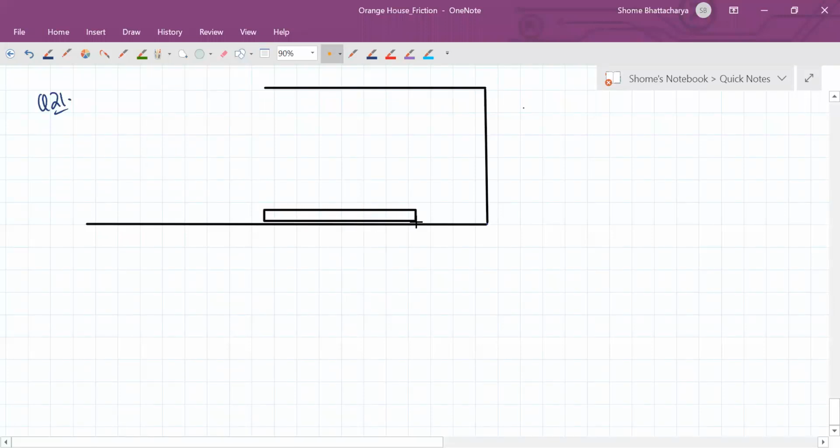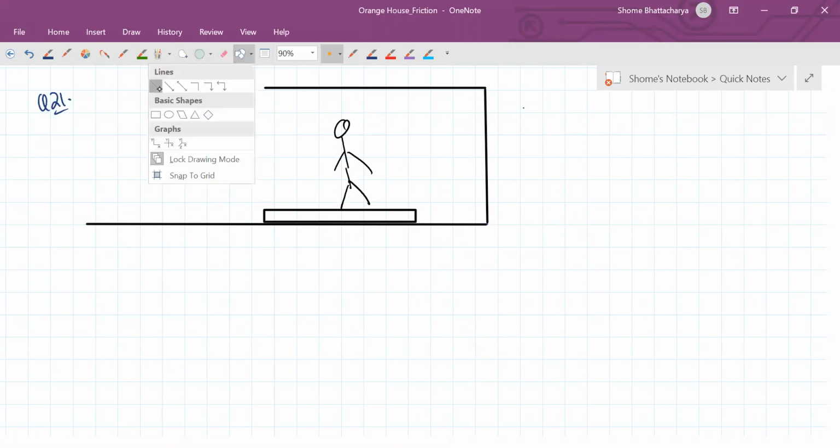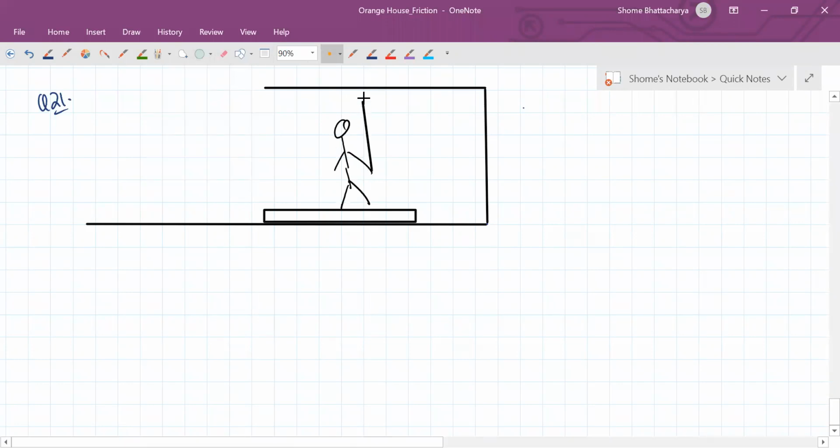Now there's a platform kind of thing here, and there's a person standing on the platform. The person is pulling on a thread going around a combination of pulleys.